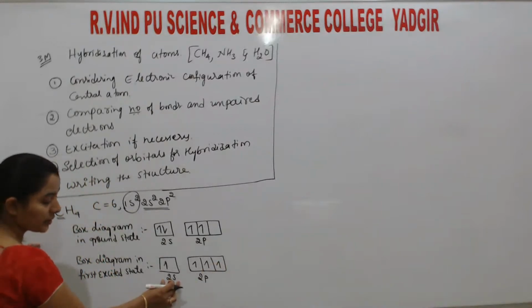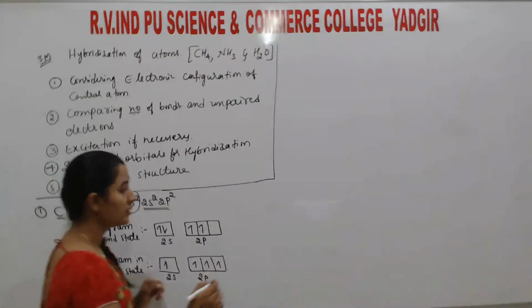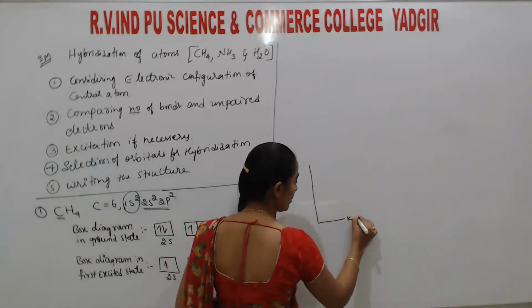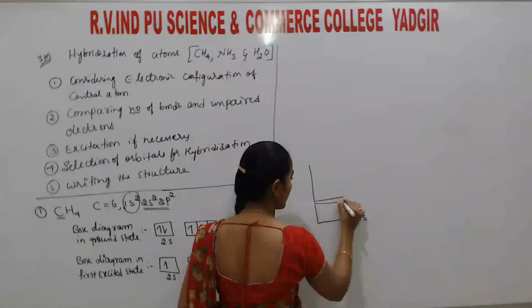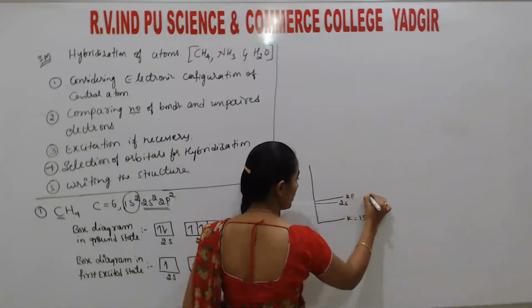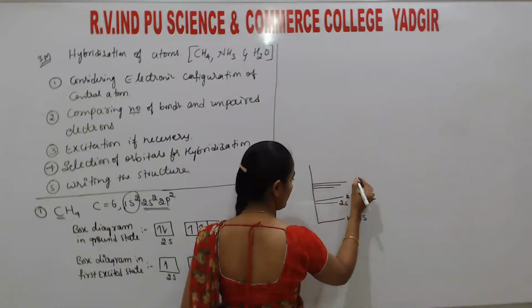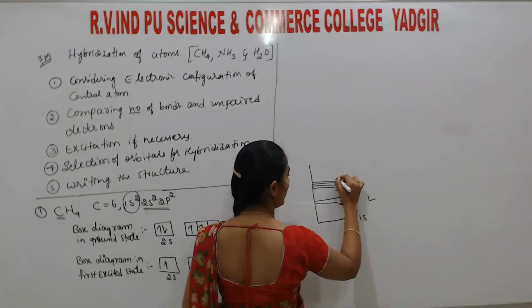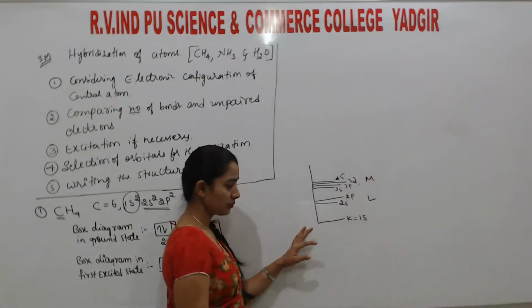One electron of the 2s orbital easily jumps to the 2p orbital because, in the energy level diagram, if we write, this is the K shell, that is 1s, this is the L shell, 2s, 2p. Next, this is 3s, 3p, 3d, 4s. This is the M shell like that.